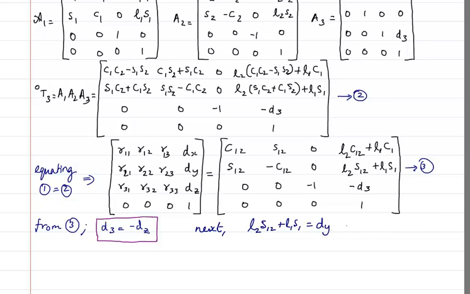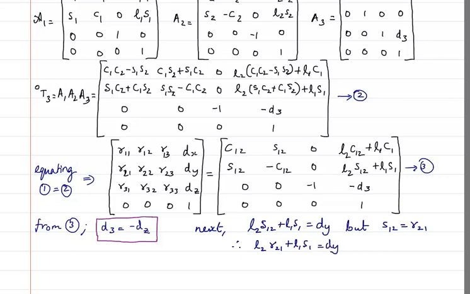But S12 is equal to, according to this equation, either R12 or R21. So let me take R21. Therefore the equation is L2 R21 plus L1 S1 is equal to dy.